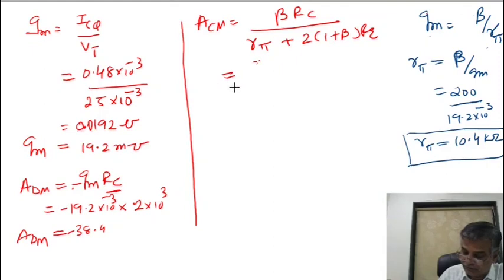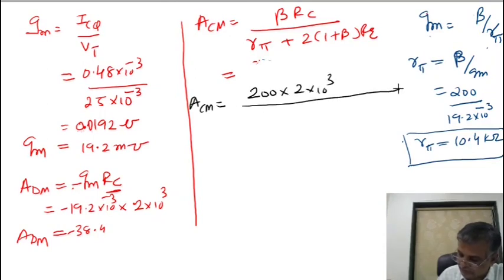Now let us put the values here. ACM is equal to, this is 200, this is RC 2 kilo ohm. This is R pi, 10.4 into 10 raised to 3, plus 2 into 1 plus 200, RE I think 4.3 kilo ohm they have given, 4.3 into 10 raised to 3.